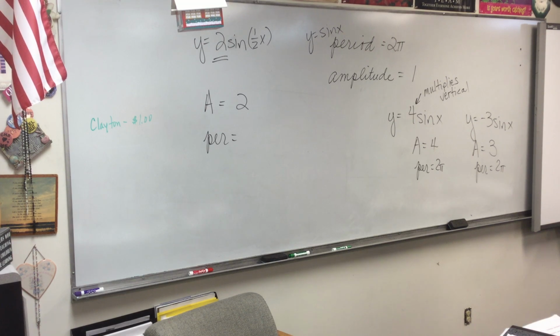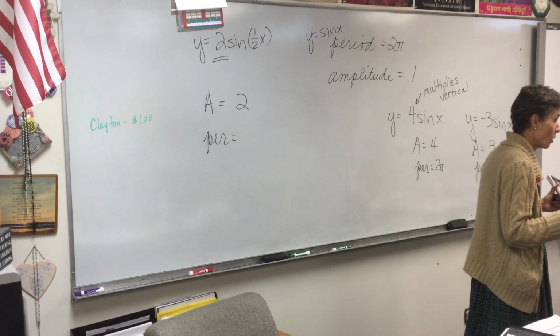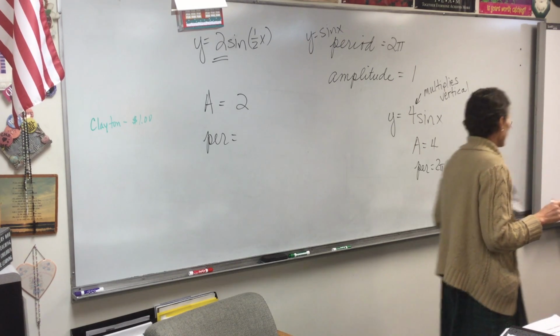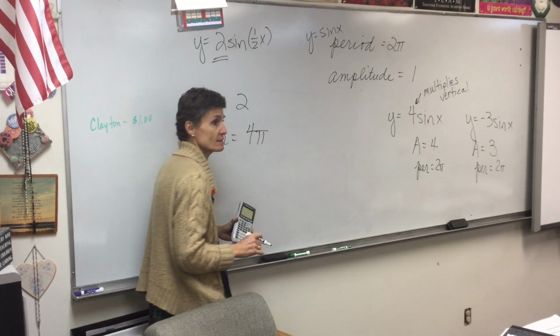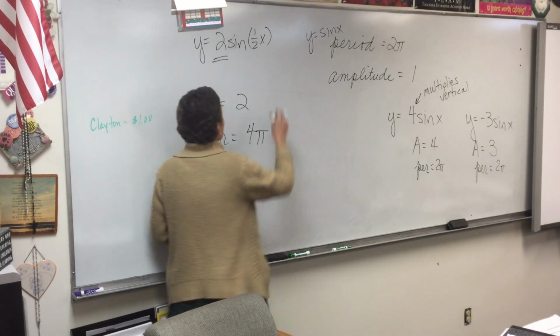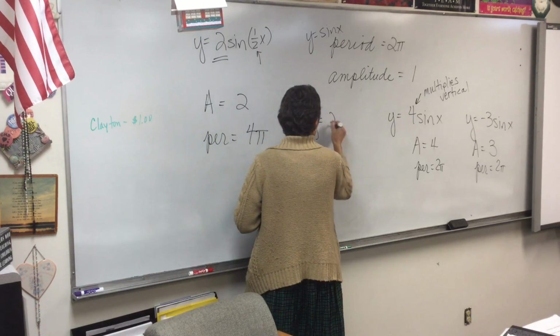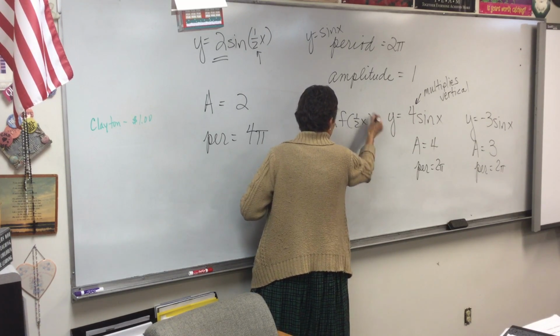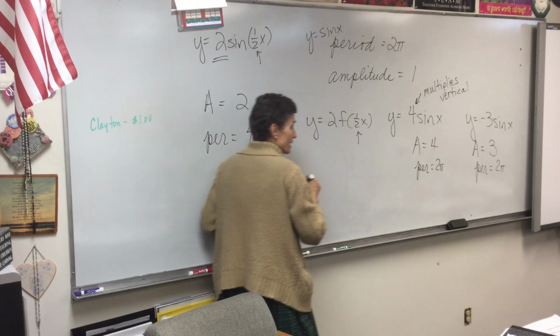2 hills and 2 valleys, which means every hill and valley is twice as long as it was before. So our period, instead of being 2 pi, is 4 pi. Do you remember that this number right here, in the notation we used before, we were using F's instead of signs. But remember what that guy did?